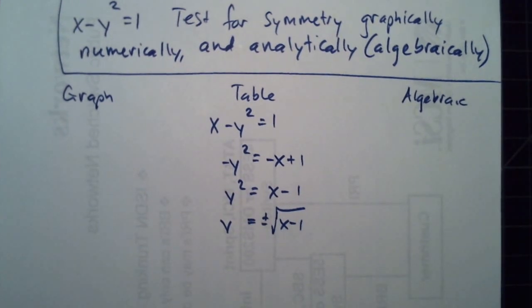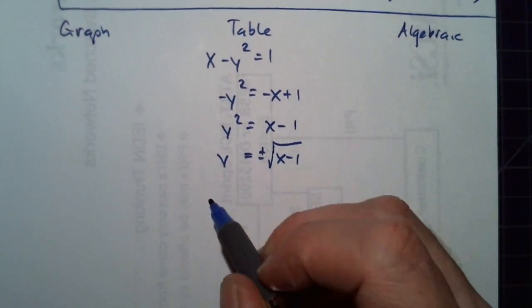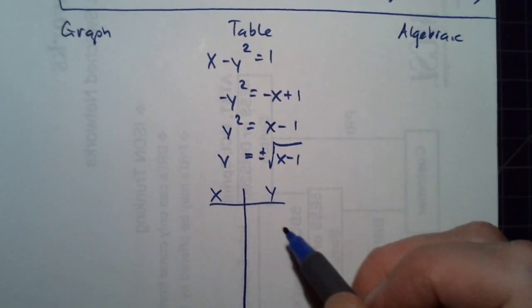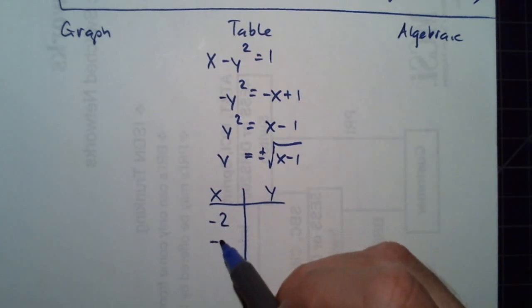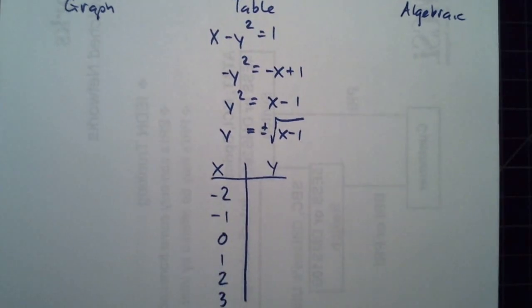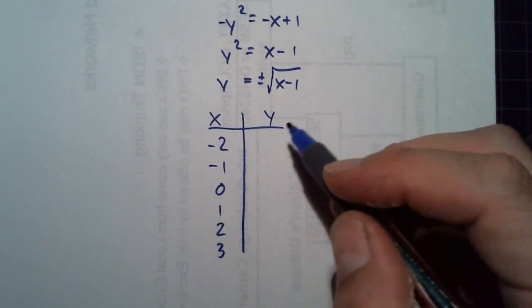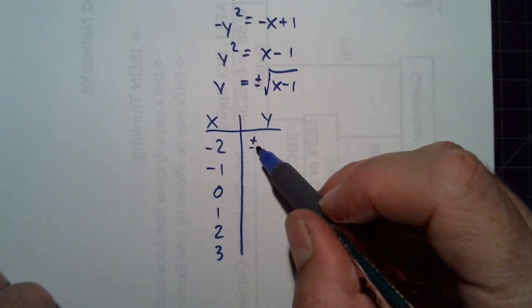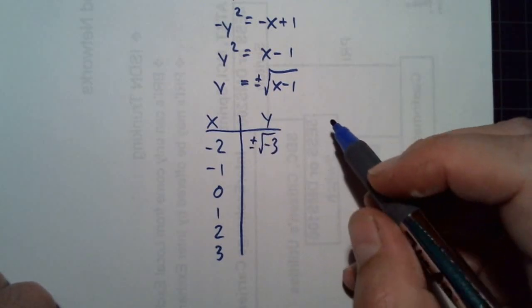And now let's look at a table. So if we put a negative 2 there, we'll have positive or negative square root negative 3.